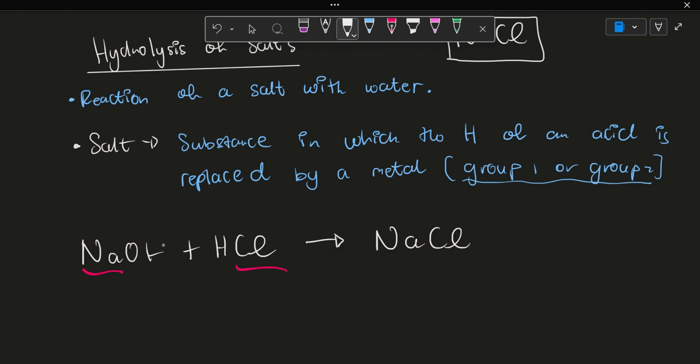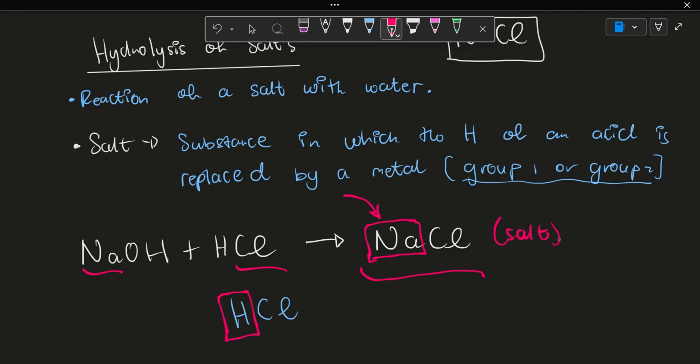You have sodium hydroxide, and you notice something. In HCl, you had a hydrogen. In NaCl, you have a sodium metal. So in HCl, you had a hydrogen, and it was replaced by a sodium metal to give you the salt sodium chloride, right?